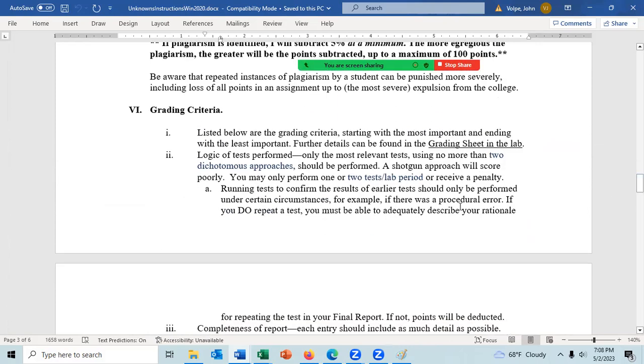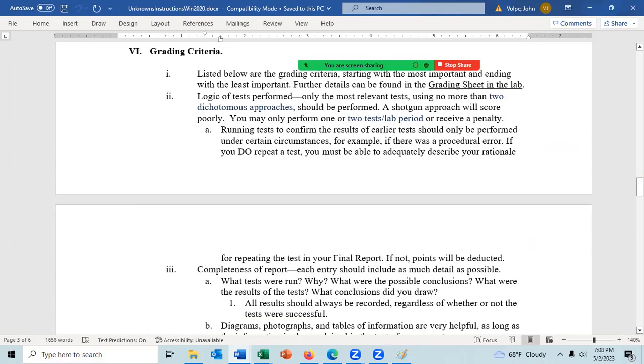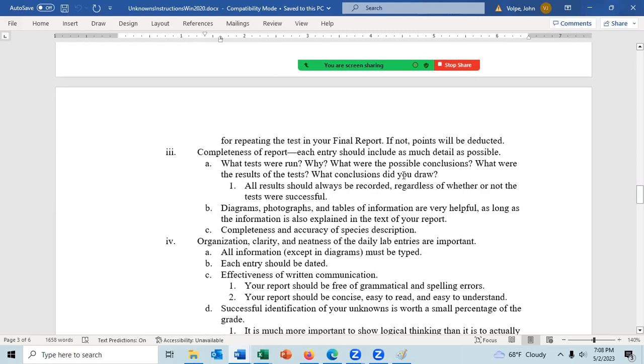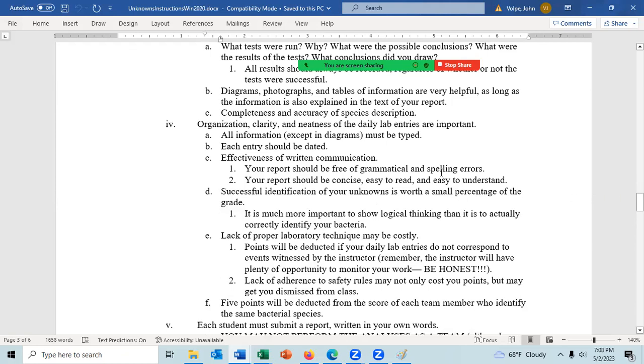The grading criteria is listed below. I'll use the grading sheet. We'll be mainly looking at the logic you use to perform your test, the completeness of the report, the organization, clarity, and neatness of the report, meaning are the lab entries dated, are they following a logical order?